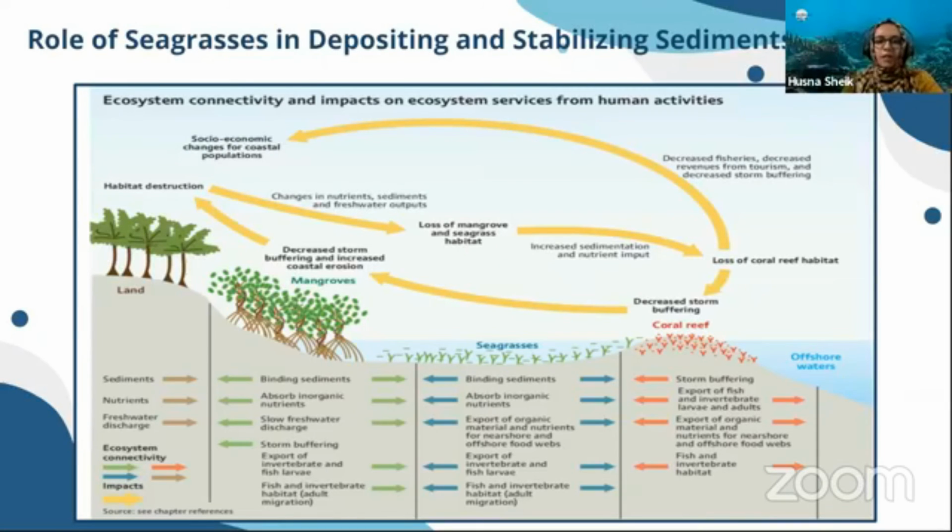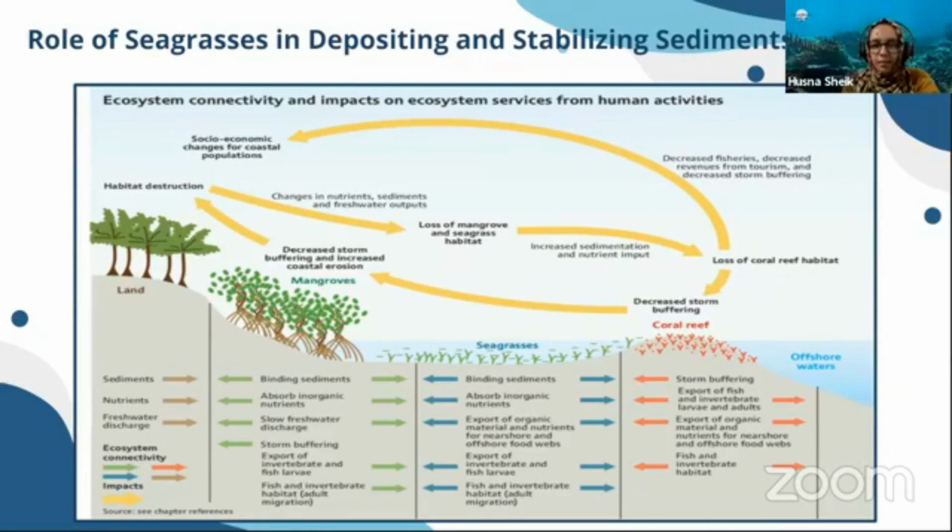So the first protector is gone. That means decreased storm buffering and increased coastal erosion. There the mangroves are severely impacted, and then the coastal erosion happens. So everything is interconnected. We can't focus on only one thing; it's very important to take care of all these ecosystems.